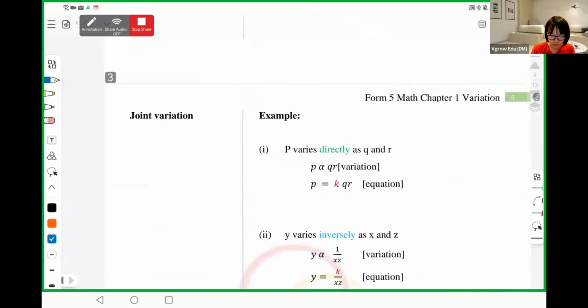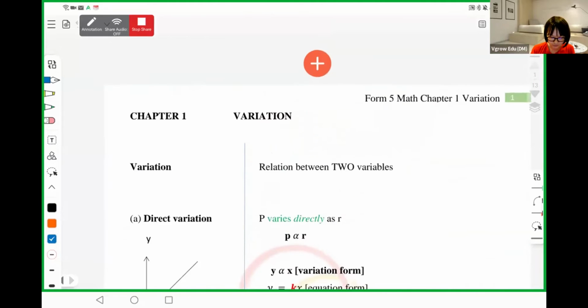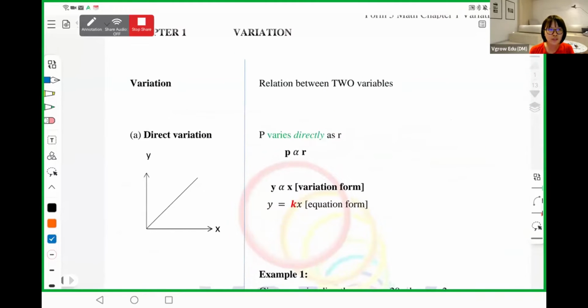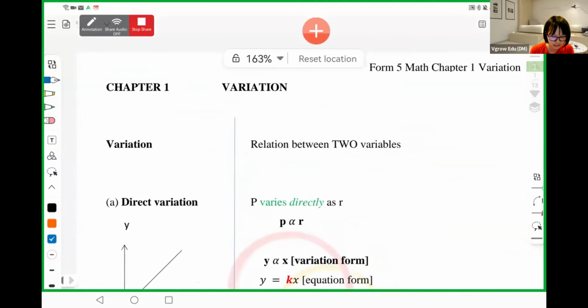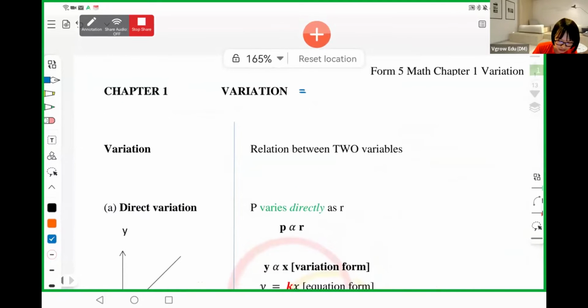Okay, so chapter 1, variation. Variation means relation. Usually we will investigate the relation between two variables.